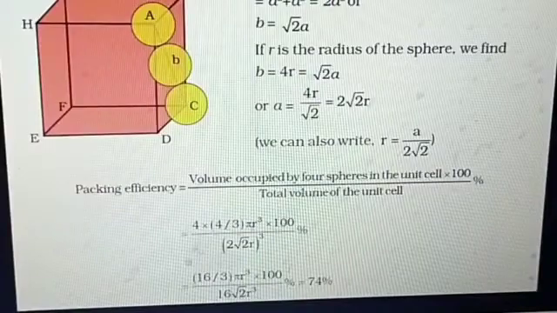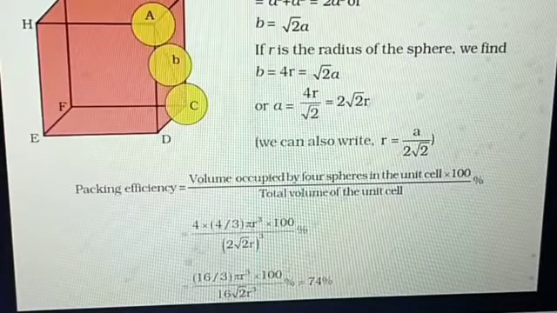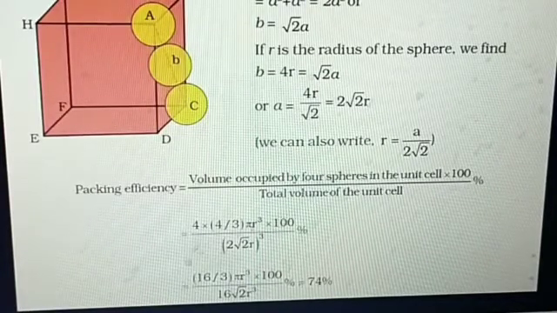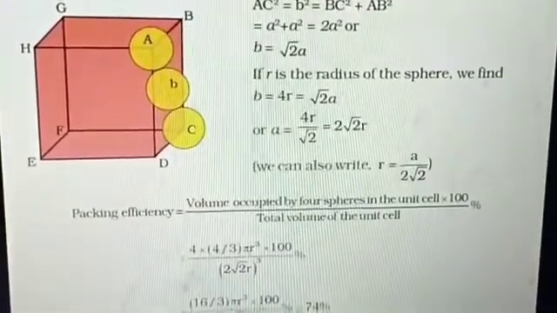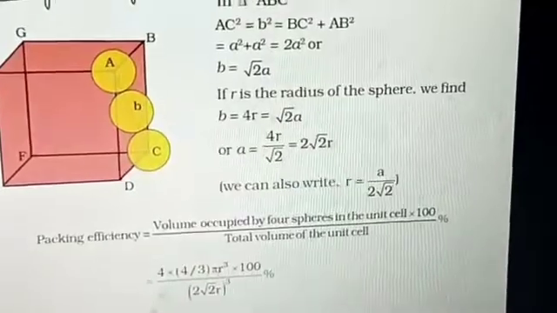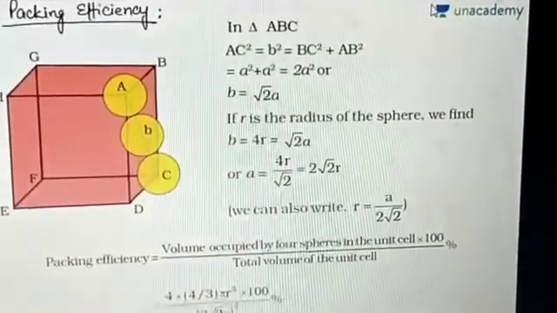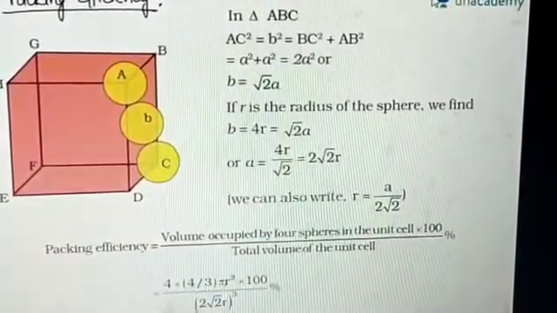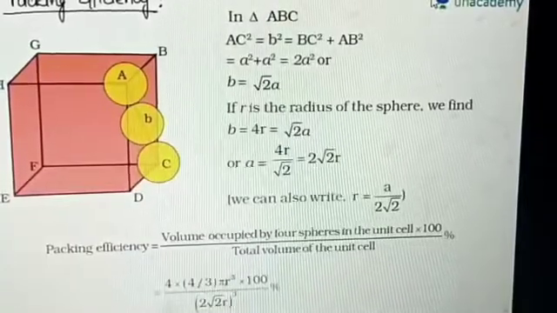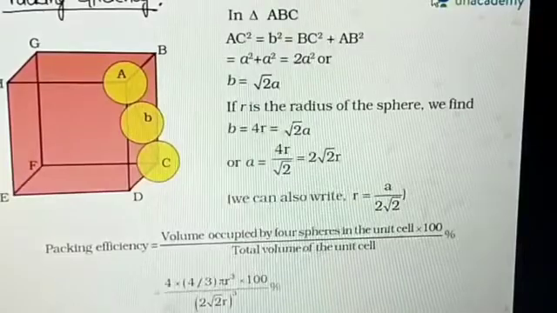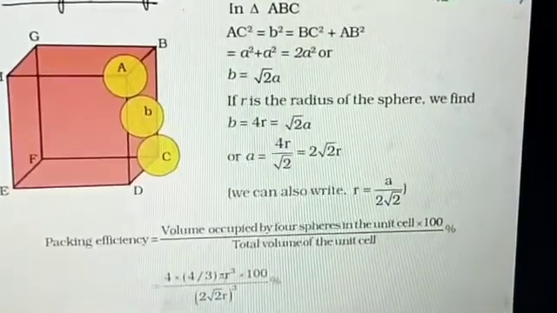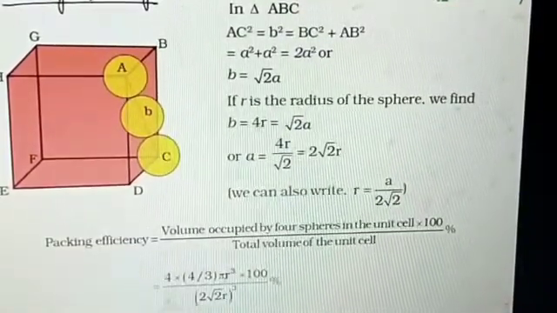So this is the packing efficiency in CCP. Both types, either cubic close packing or hexagonal close packing, are equally efficient. Now let us calculate.